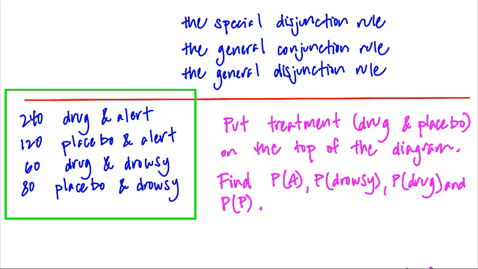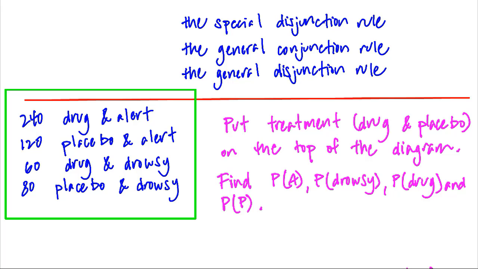Okay, so if you want to, you can pause the video. We're going to need a diagram of this population. If you want to try creating the diagram yourself, put the variable treatment at the top, that is, put the values drug and placebo at the top.